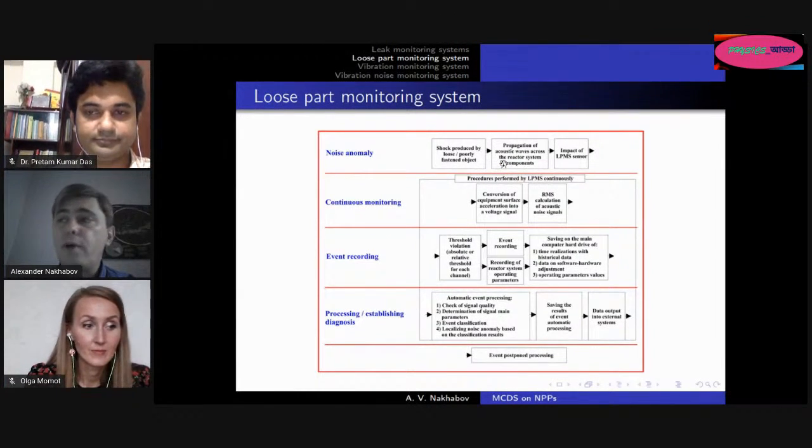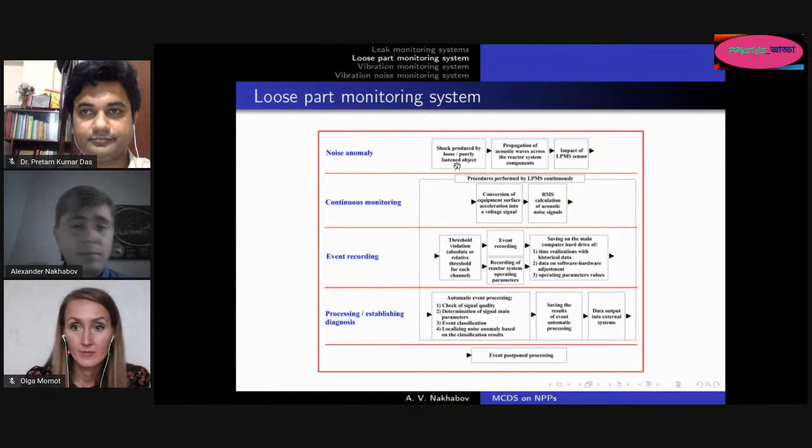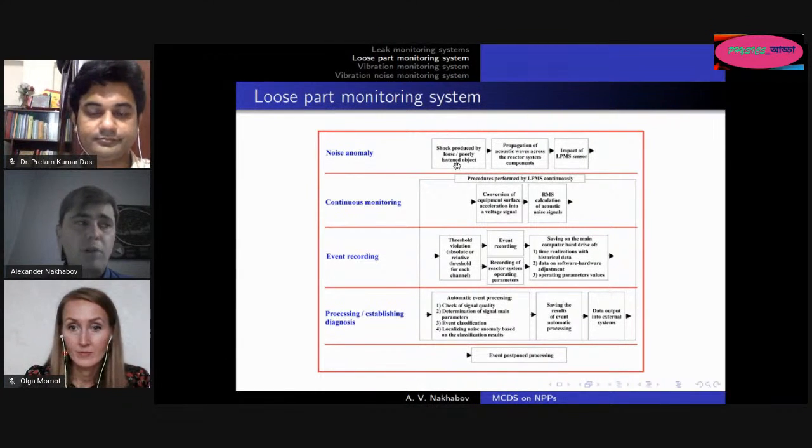In case of some object inside of the circuit, every shock between this object and different elements or walls of equipment or pipelines will be accompanied by propagation of acoustic waves. These acoustic waves, I guess, are very hard to detect by our ears, by personnel. But with special sensors, it's not a problem to detect these signals.